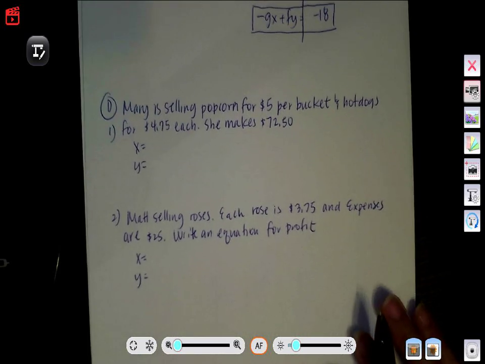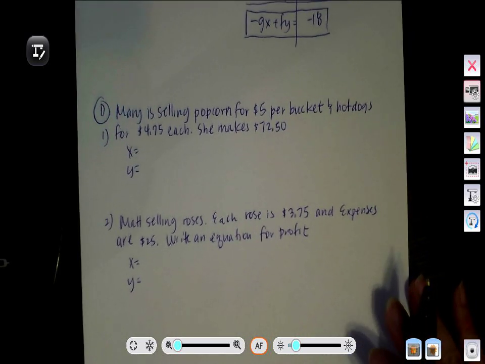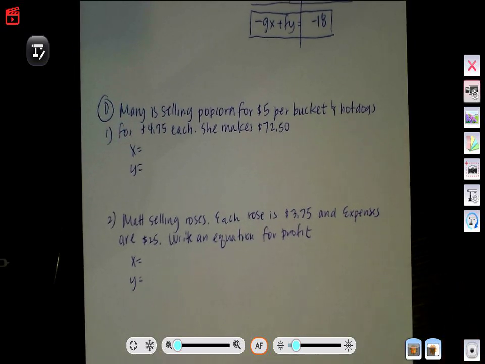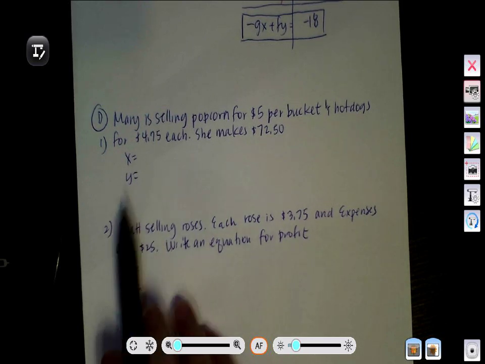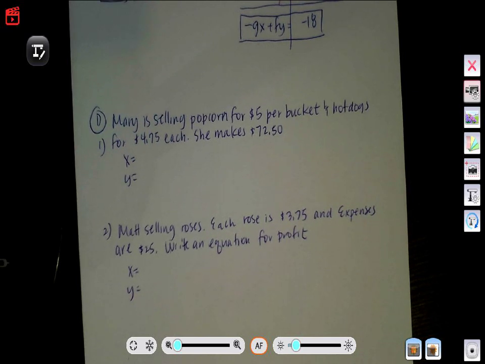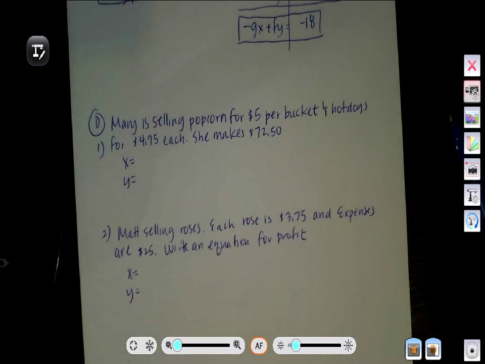Lastly, I wrote down the problems for letter D, and I wanted to always have you keep in mind what the let statement is, what you're representing x and y to be. So Mary is selling popcorn for $5 per bucket and hot dogs for $4.75. She makes $72.50 in total.